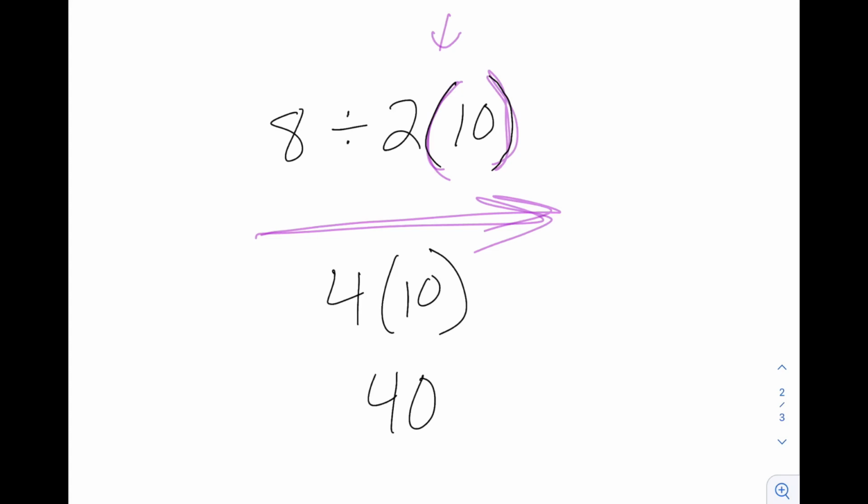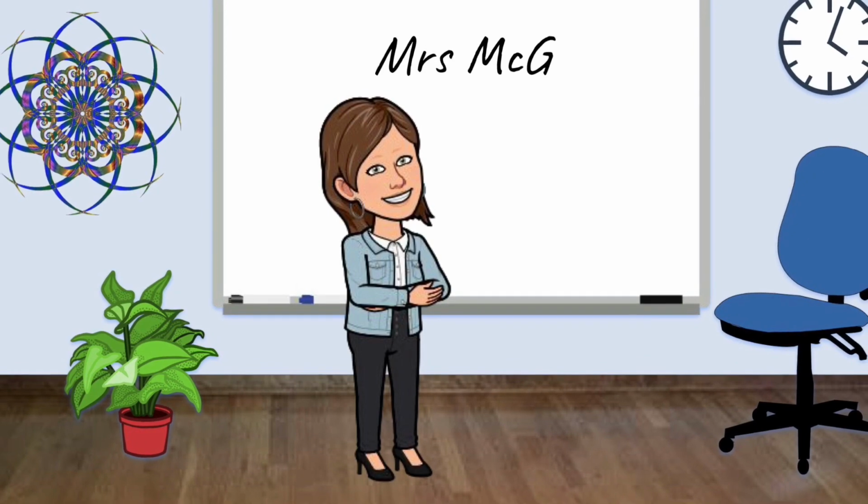Many people who would do this incorrectly would multiply the 2 times 10 and they would get 8 divided by 20 because they think they have to do the multiplication first. That is not correct. So make sure you're training your brain to do it left to right so that you get the accurate answer.